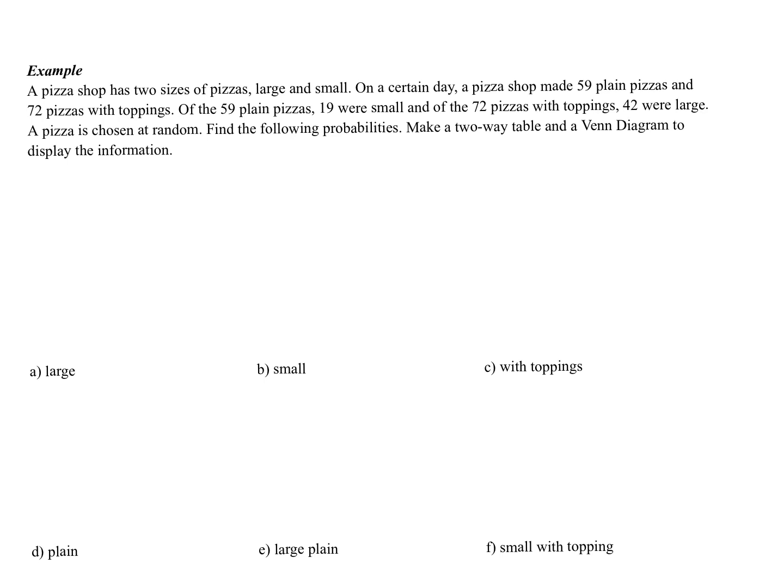It does say make a two-way table and a Venn diagram to display the information, but I'm just going to do a two-way table just because there's 4 things going on here, and it makes it a lot more difficult to do a Venn diagram when you have multiple things happening at once. Unlike our previous example where we're just saying, all right, either was spanked or not spanked, but this time I have to take into account small pizza, large pizza, plain with topping. So it's just easier to do the two-way table.